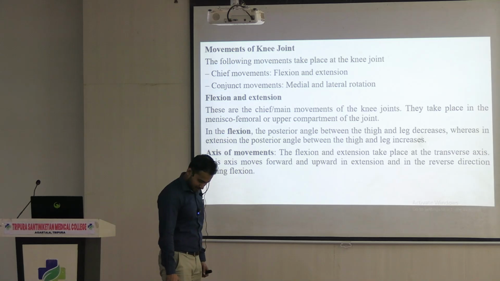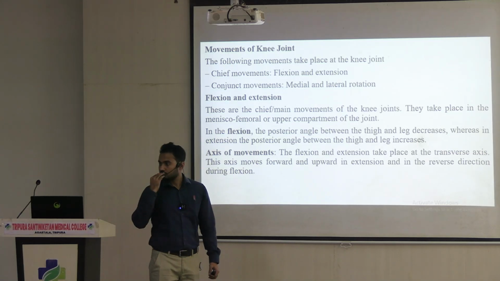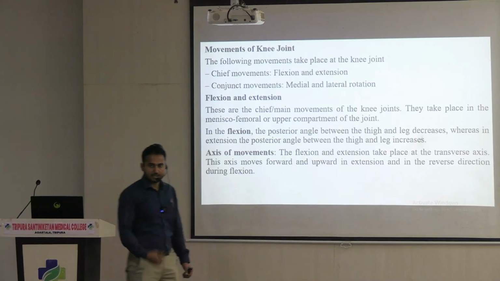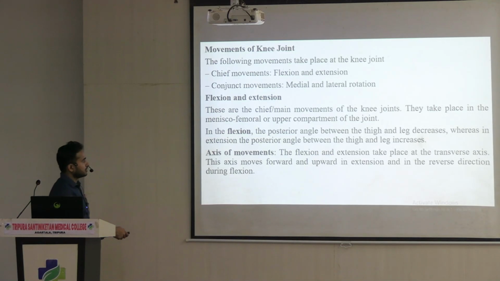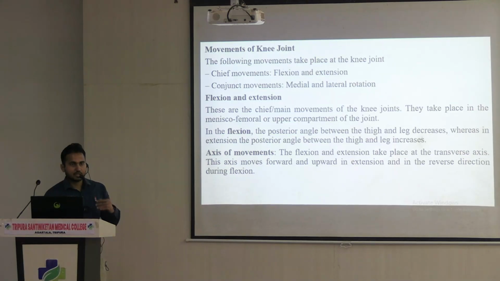Suppose I am standing straight and doing flexion of the knee joint, the angle between the leg and the thigh decreases. That is flexion. Whereas in extension, the reverse takes place, that means the angle increases. So that is the definition of flexion and extension in case of knee joint.